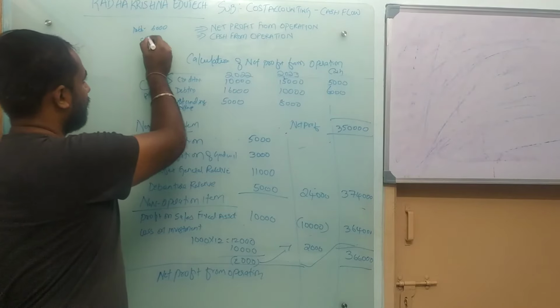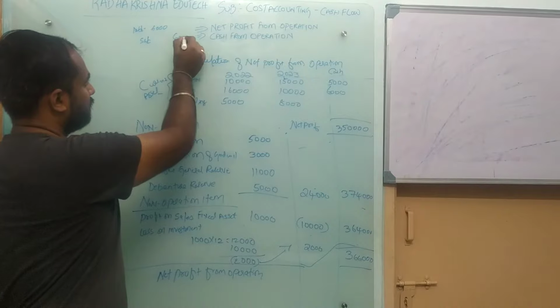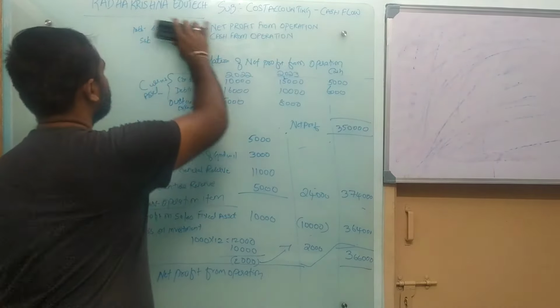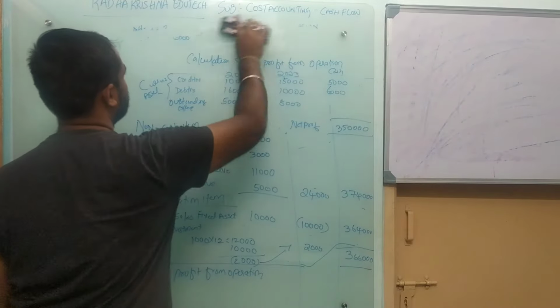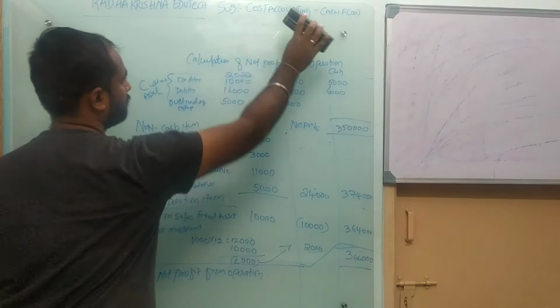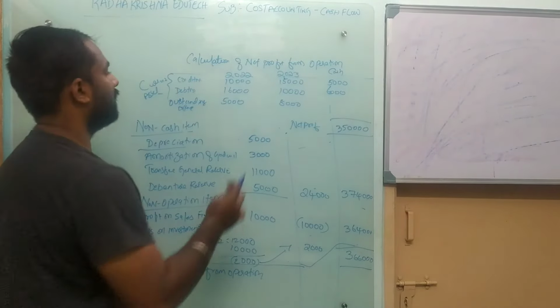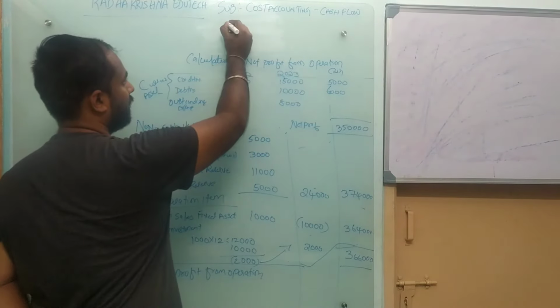So this is a sale entry 6,000, correct? Or else I will show you. So first entry is the sale entry, you think.